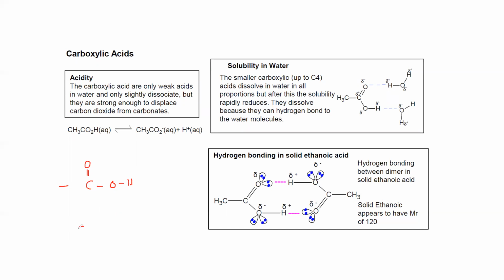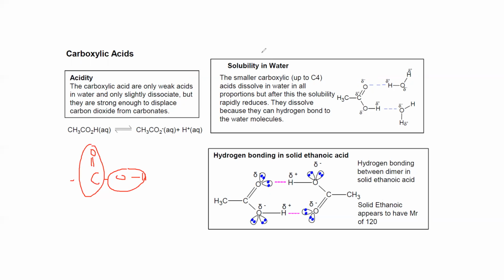Acids are proton donors, so they tend to donate protons. In carboxylic acids, we have C double bonded with O and OH, so they have a permanent dipole due to the C=O, and they can also form hydrogen bonds because of the OH bond, oxygen attached with hydrogen.